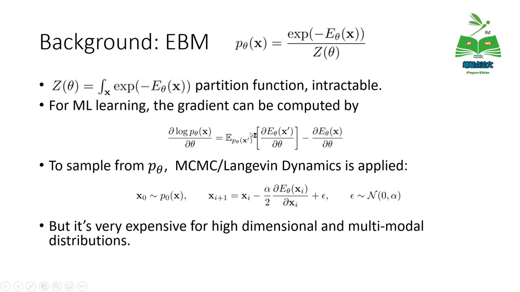From this formula, we can see that one term is sampled from the training dataset. And this one we need to sample from the current model distribution. We can see the target is that we want the model's distribution to match the real data's distribution. To sample it, we need the Langevin dynamics.